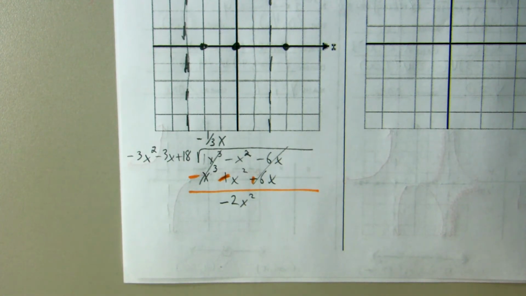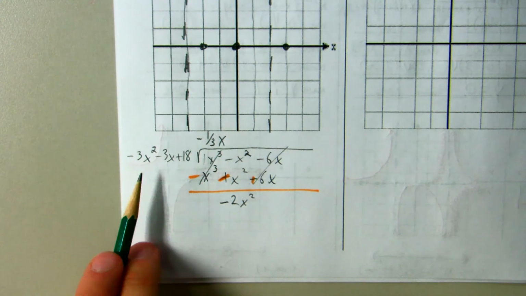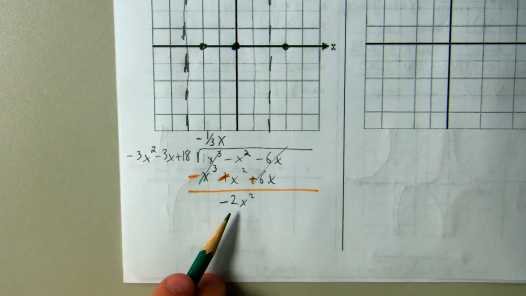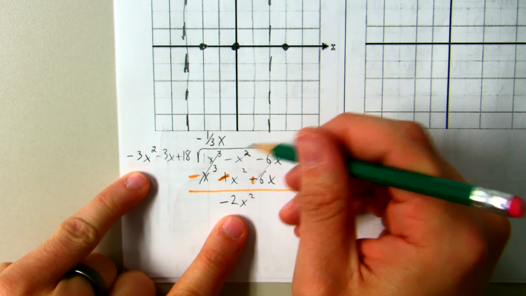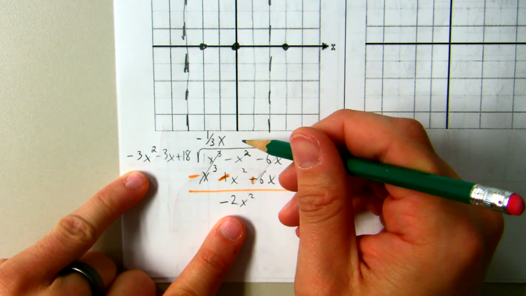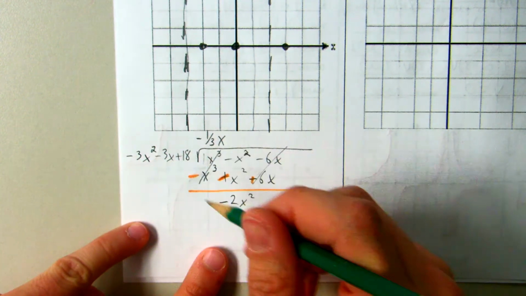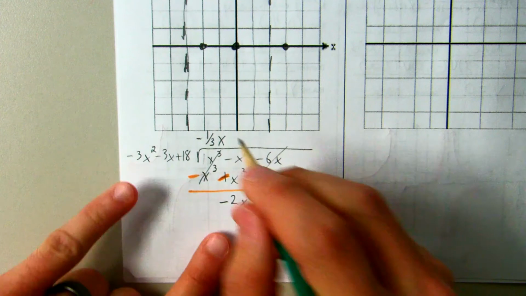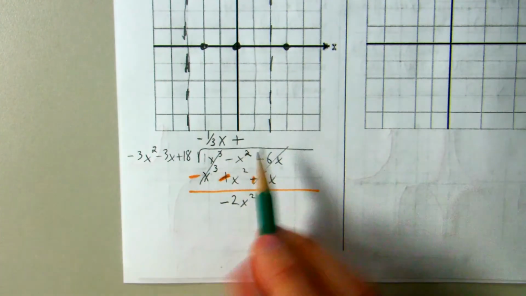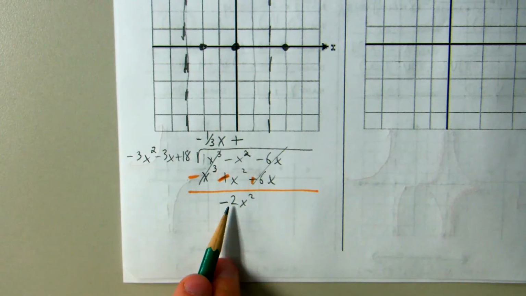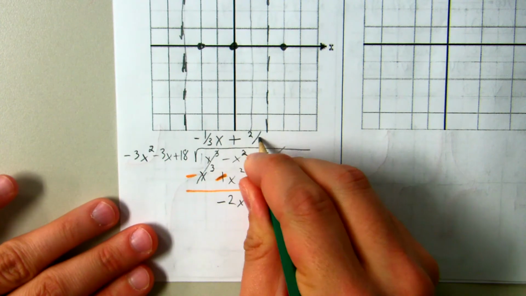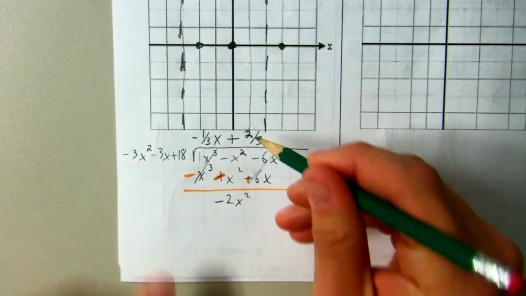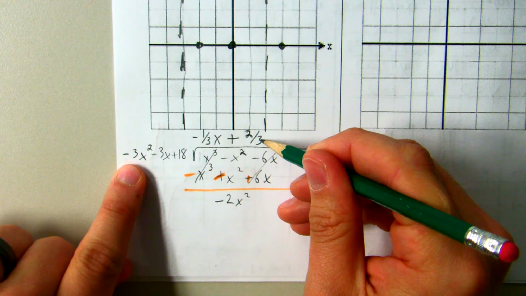So it looks like we could go one more time, because something times negative 3x squared gives me negative 2x squared. Now, any x's, I don't need any x's here, but I have to ask myself, what times negative 3 gives me negative 2? So I want this to be positive, because a positive times a negative is what gives me a negative. And then it would be 2/3. Putting this over 3 would cancel out this 3.